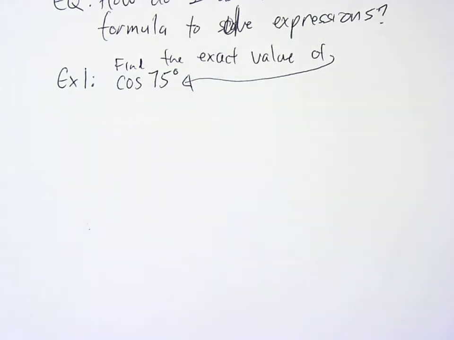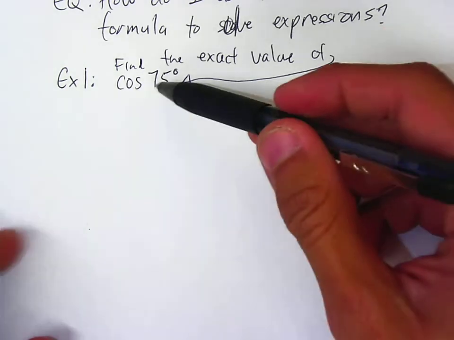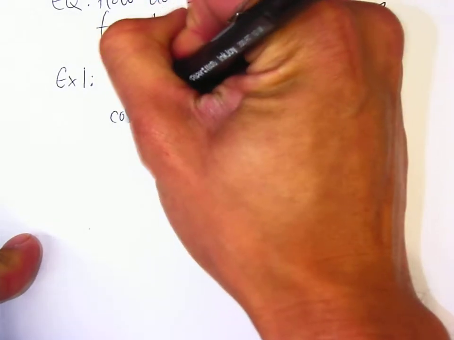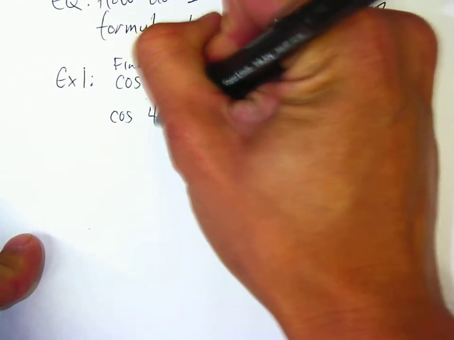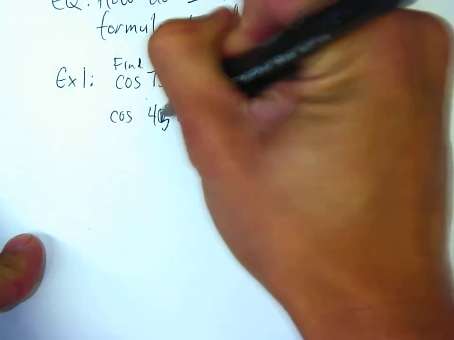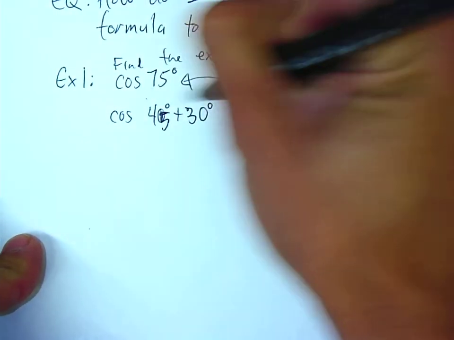So what I'm going to do is use the sum and difference formula and convert it to something I do know from the unit circle. So instead of cosine of 75 degrees, I'm going to write it as the cosine of 45 plus 30 degrees.